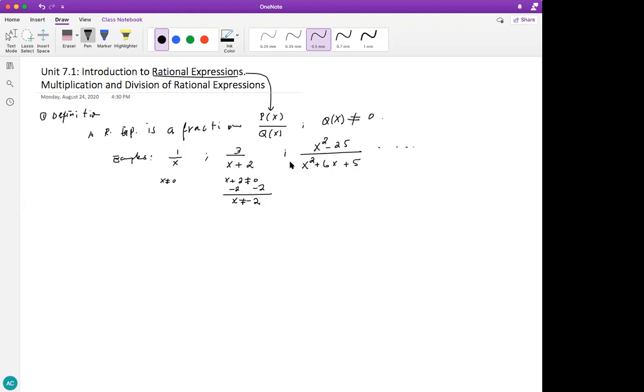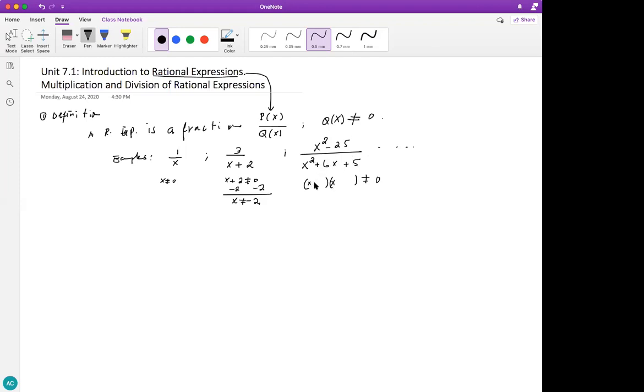Over here, in order to find the undefined values, you first want to factor this. The denominator can't be 0, which means this can't be 0. Then you factor it. What numbers do we use here? To factor this expression, we need two numbers that multiply to 5 and add up to 6.